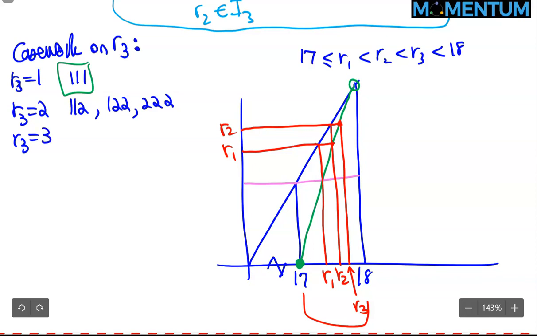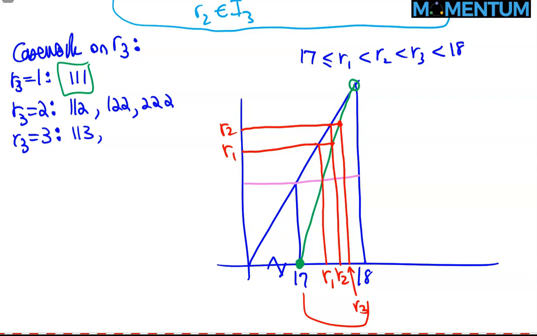R3 can be selected from the third interval, which means R1 and R2 can be selected in any one of the first three intervals, as long as they are not going above R3, right? So R1 could be 1, R2 could be 1, but R3 has got to be 3, right? So how many where the third is a 3? And it's non-decreasing, obviously.